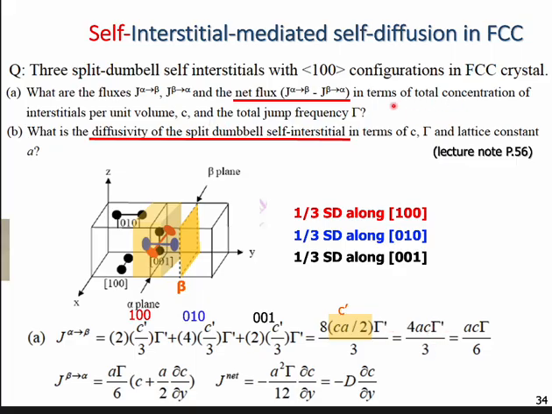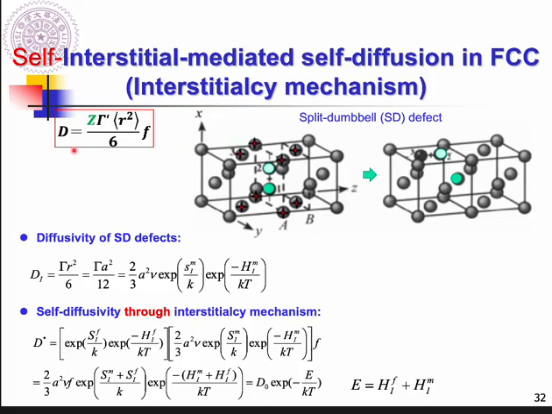But based on the question, they actually ask you to express in terms of volume concentration and also gamma. It's the total jump rate, not gamma prime, the jump rate alone or in a specific direction. So we need to convert gamma prime to gamma based on the possible directions you determine in the equation.